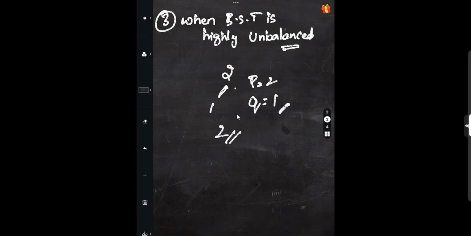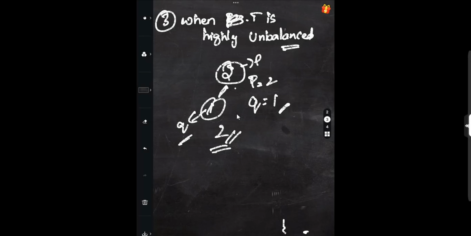Why? We know that a node is a descendant of itself, and for P as 2 and Q as 1, this will be the LCA according to the definition. Since P is the parent of Q, and Q is in the left subtree, the LCA is 2 itself in this case, right? So this is for the condition when the BST is highly unbalanced.